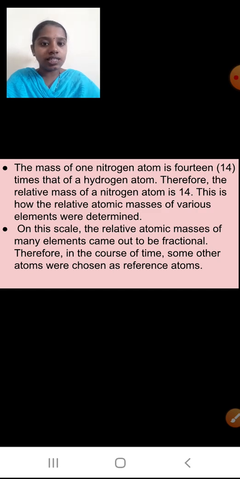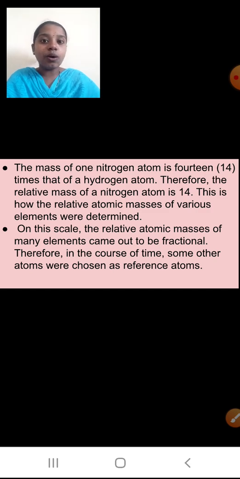On this scale, the relative atomic masses of many elements came out to be fractional. When we compared the atomic masses of some elements, the answer was coming in fractions. Atomic mass cannot be a fraction, right? It should be a whole number. So in the course of time, some other atom was chosen as the reference atom.